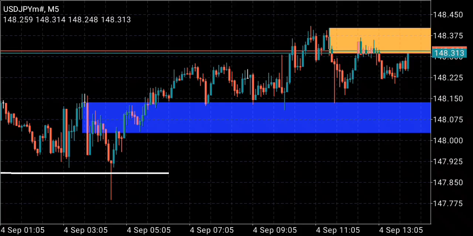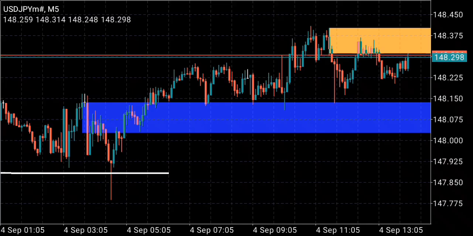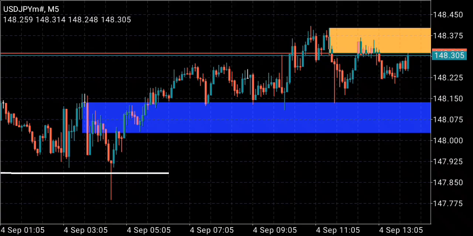It's gravitating towards that orange shaded area. It is just below that orange shaded area.